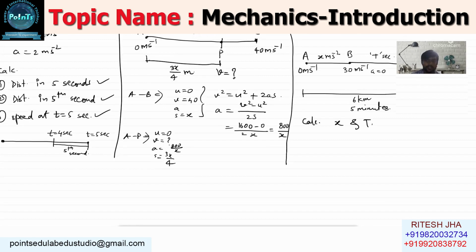So again, the same equation we'll be using: V square equals U square plus 2AS. U is 0, and 2 into A is 1600 over x, times 3x over 4. So 2 fours are 400 threes are... x cancelled. So what we are getting over here is 400 times 3, so that is 1200. So V is equal to under root 1200.